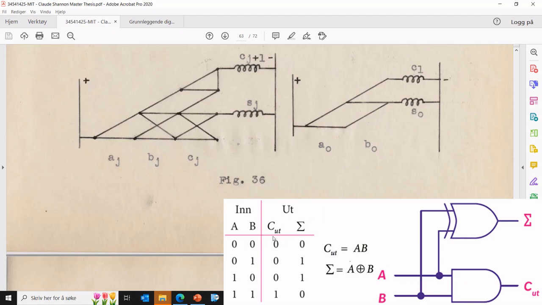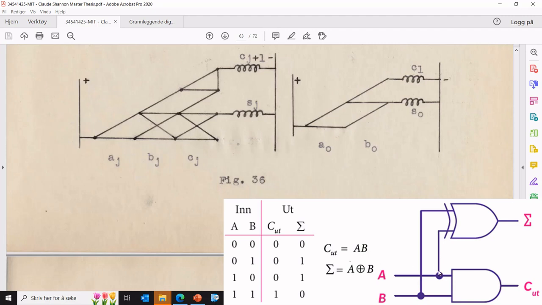And you see here, if we start with sigma, which is S0, it is different from 0 when you either have B equal to 1 or A equal to 1. Then you get sigma as A XORed with B, and C out is equal to 1 when both A and B are equal to 1, and that is an AND function.